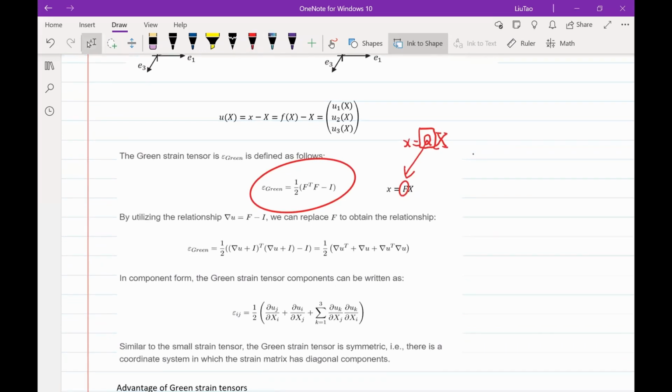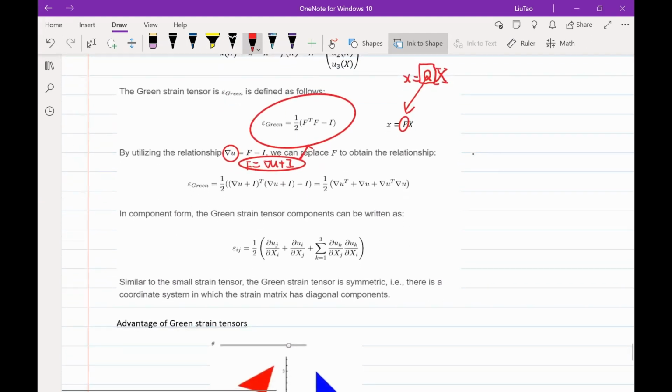Then we can calculate del u. Del u is equal to F minus identity matrix. And then we plug in, then we can rearrange: F is equal to del u plus identity matrix. Then we plug this into the above formula. We will get something like this.